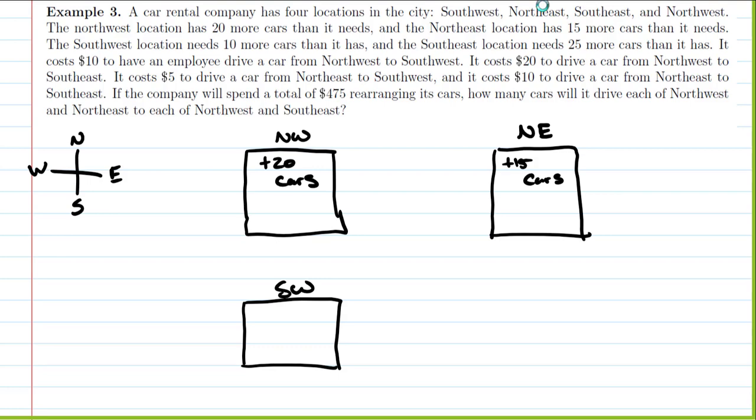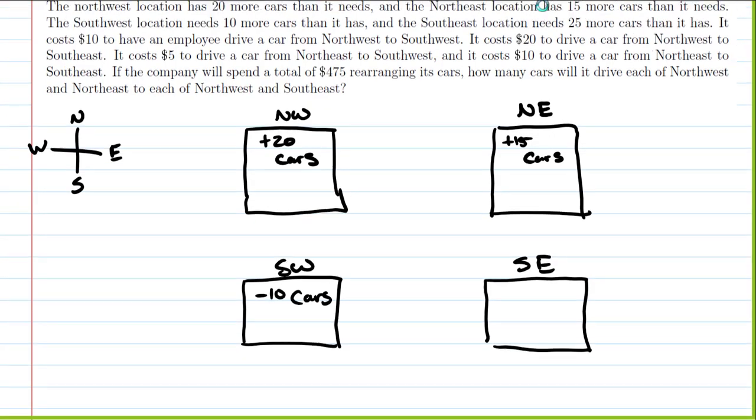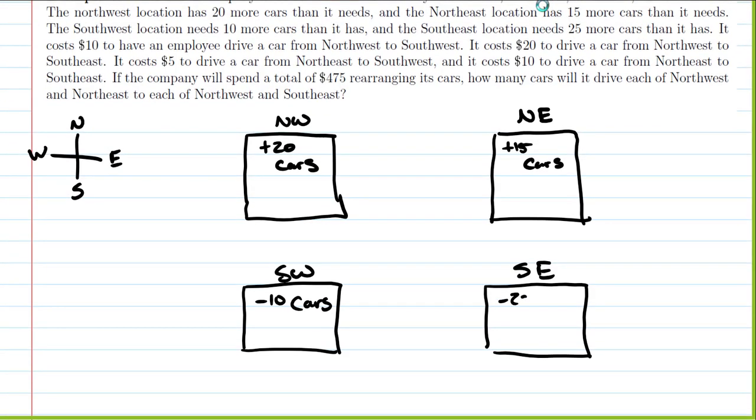Southwest needs 10 more cars, so it's negative 10 on cars. And southeast needs 25 more cars, so it's at negative 25 cars.